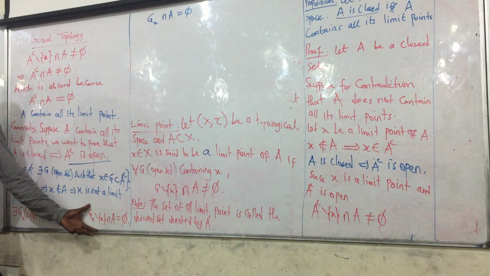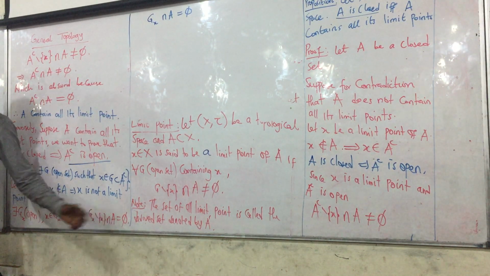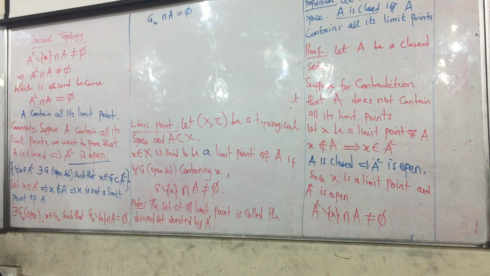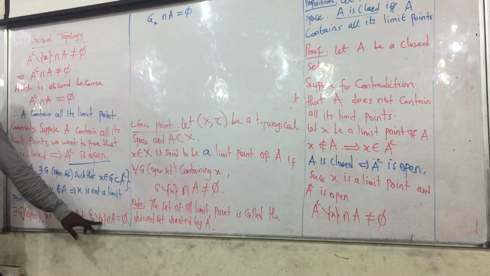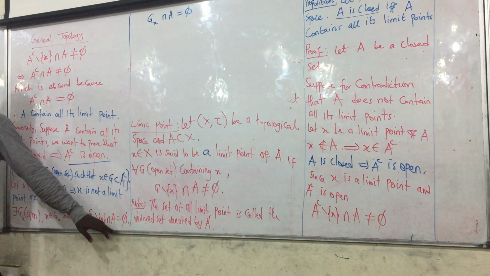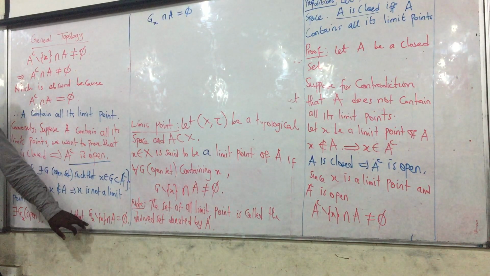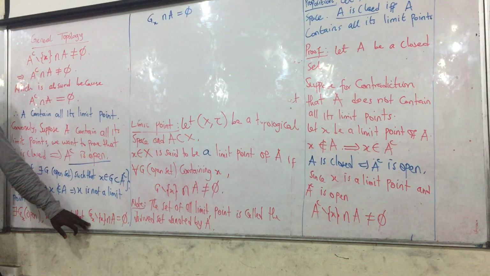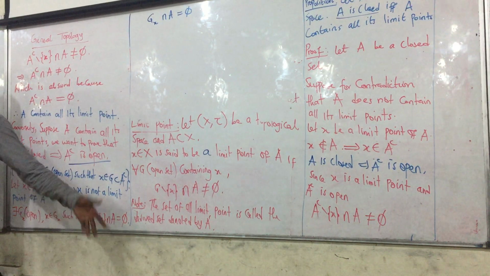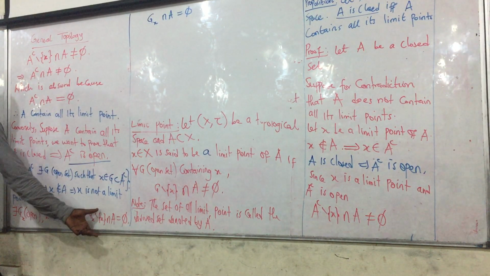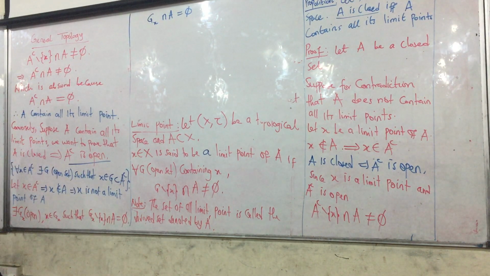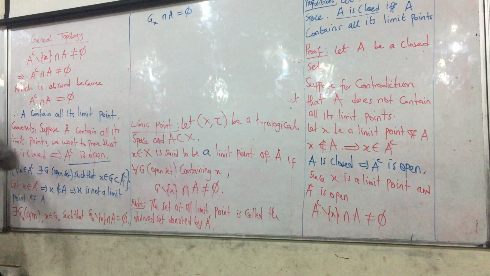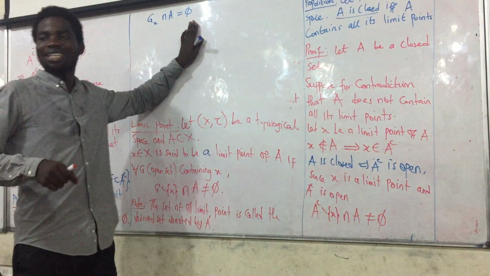Although S is in G_S, it's not in A. So if you remove S from here and the intersection is empty, even if you add S to G_S the intersection will still be empty, because what you have just added is S and S is not in A, so it's still empty. Do you understand what I'm trying to say? So that means G_S intersection A is empty.